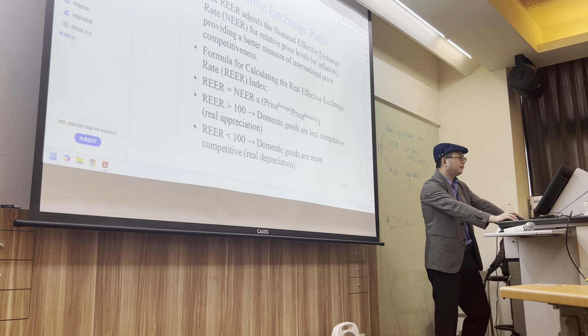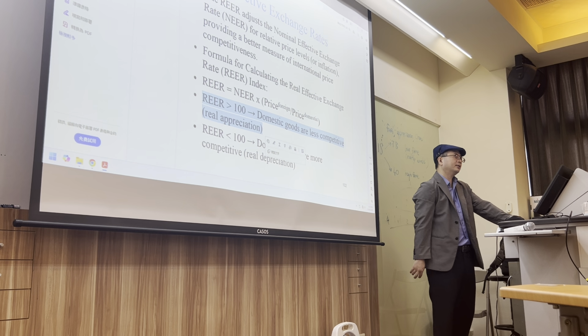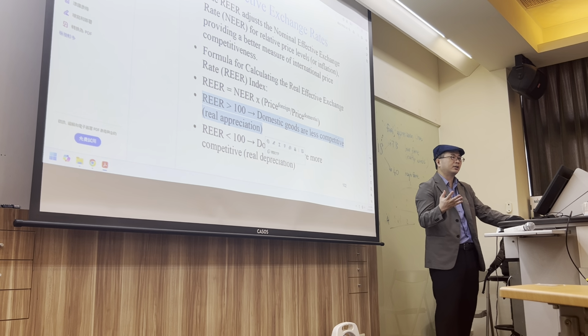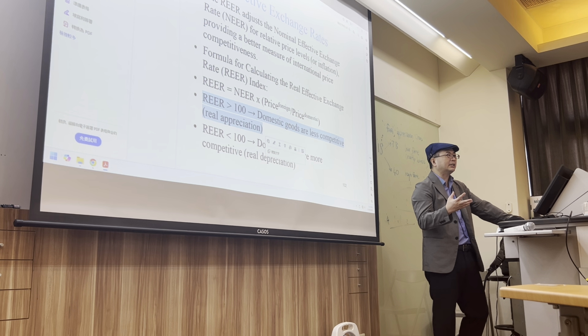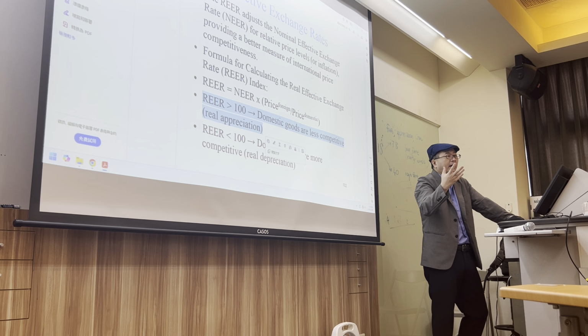And now it's about time to interpret the results. If our real number is greater than 100, it means the domestic goods are less competitive than its trading partners. Why? Because, as we mentioned earlier, when the index number goes up, the value is actually higher.